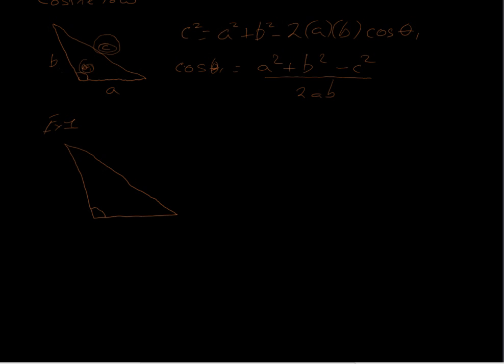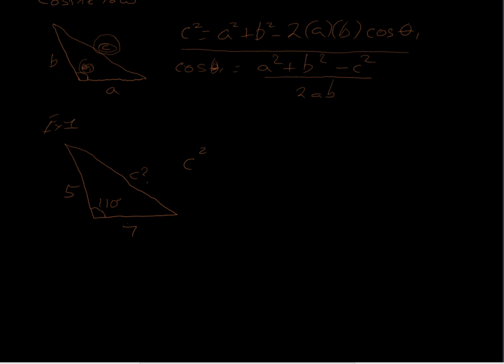We'll say that this is 110 degrees, and we have A, which is 5, B, which is 7, and we're trying to find C. What is that length? Okay, well, we can use this one right here.